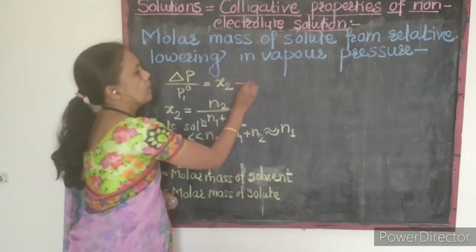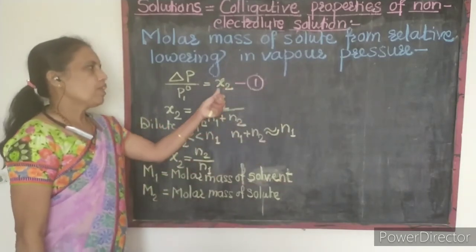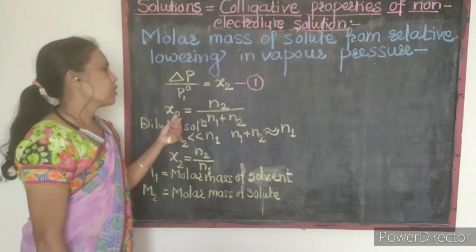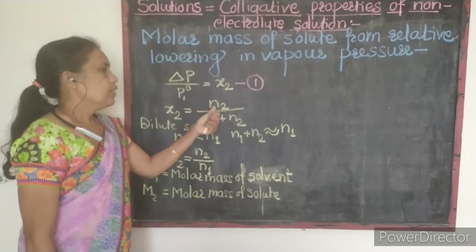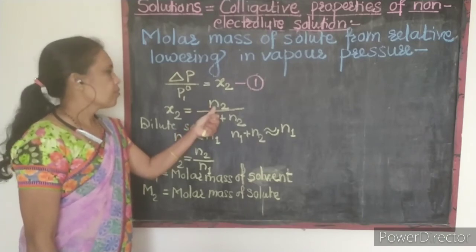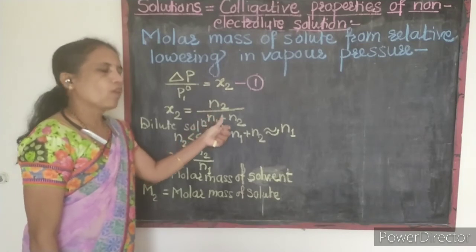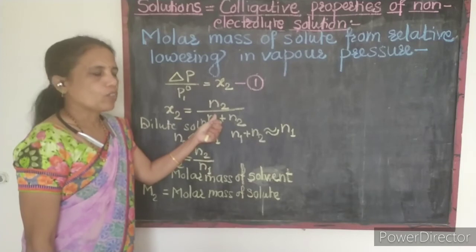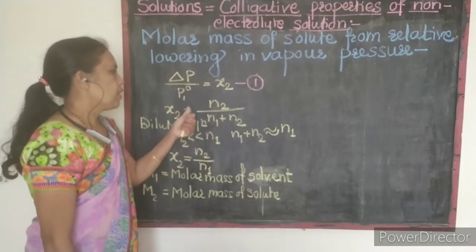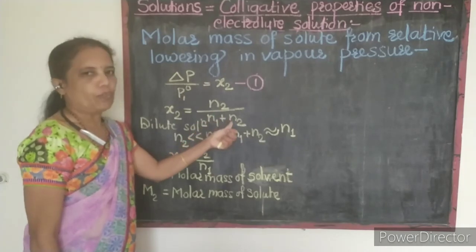Let us call this equation 1. Now we need to find the value of x2. x2 is the mole fraction. It is the ratio of the number of moles of that component to the total number of moles of each component present in solution. So we get x2 is equal to n2 divided by n1 plus n2.